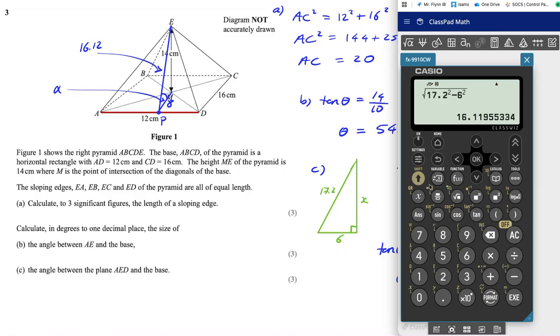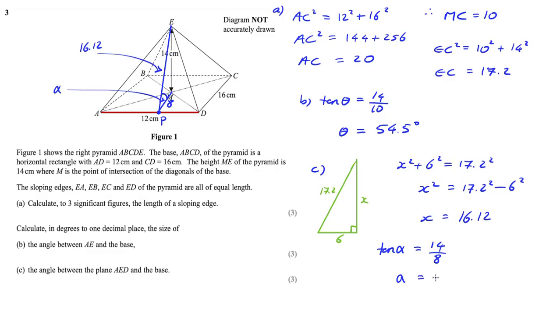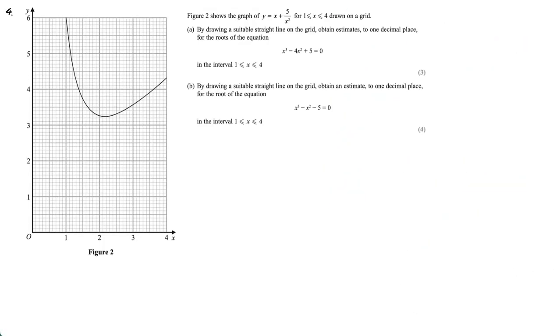So alpha is inverse tan of 14 over 8, which is 60.3. Okay, guys, that was a silly thing to do, wasted time, but if you needed it, that's how it's done. Okay, that is question 3.